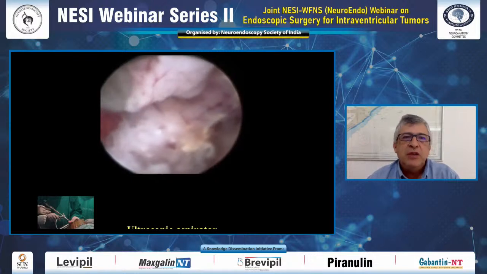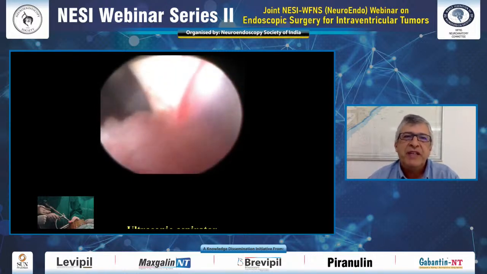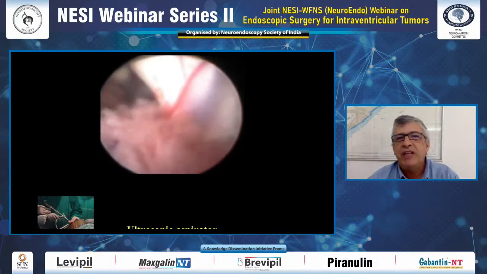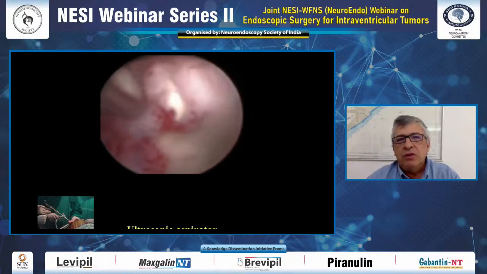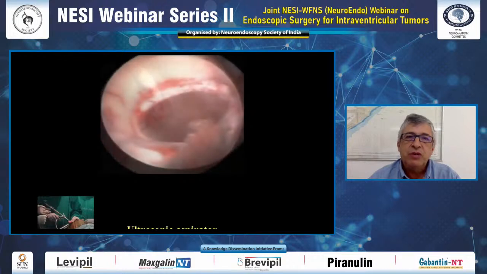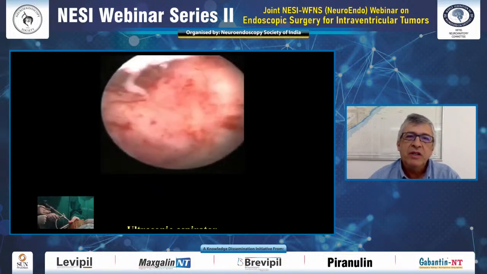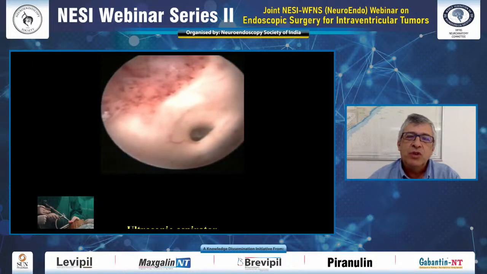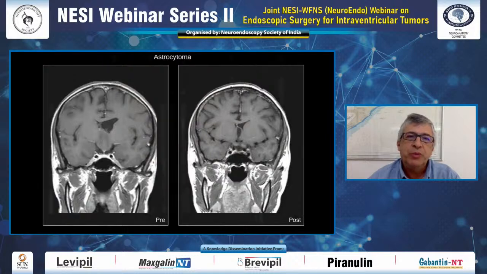During the procedure, you put the irrigation and look, you can see the perfect difference between the ependyma and the tumor, like that. So you can completely remove this astrocytoma without bleeding, which damages the fornix a lot, and now after almost a complete resection of the lesion. So the pre and the post-operatively.